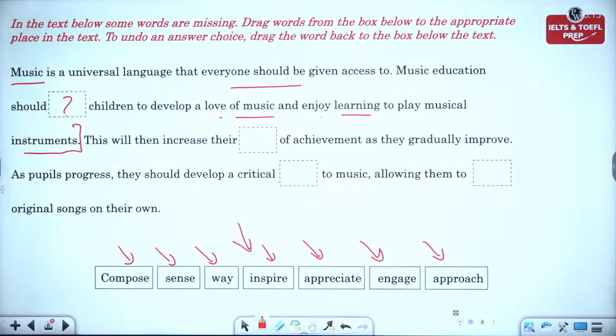Let me know the right answer according to you guys. Just focus on the first one. Don't try to do all the questions.